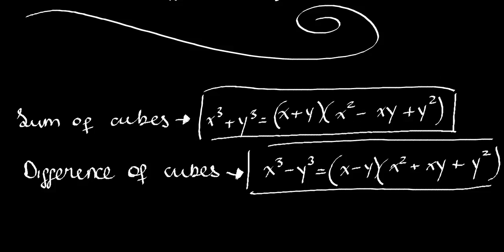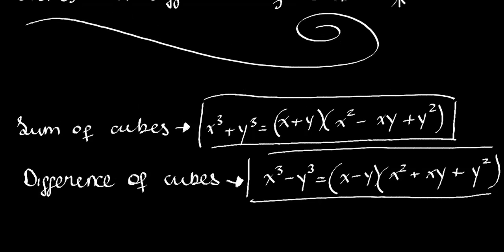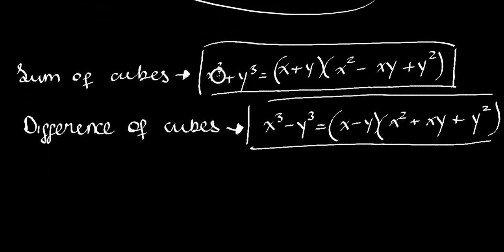I'm just being very formal for a minute, but there are two types of cubes that you will encounter in factoring. One is called the sum of cubes, and it's when two terms are cubed and they are being added.